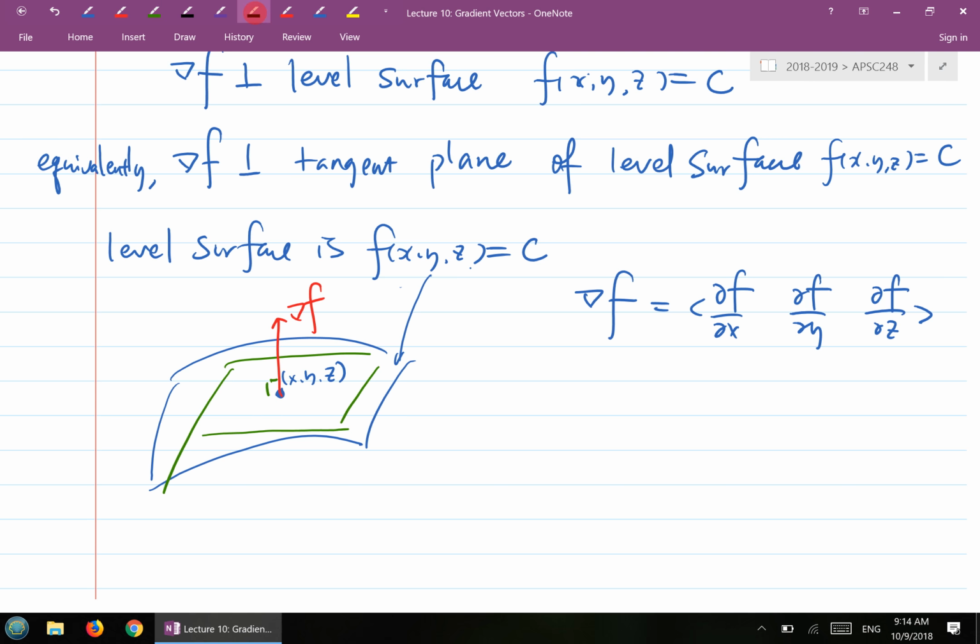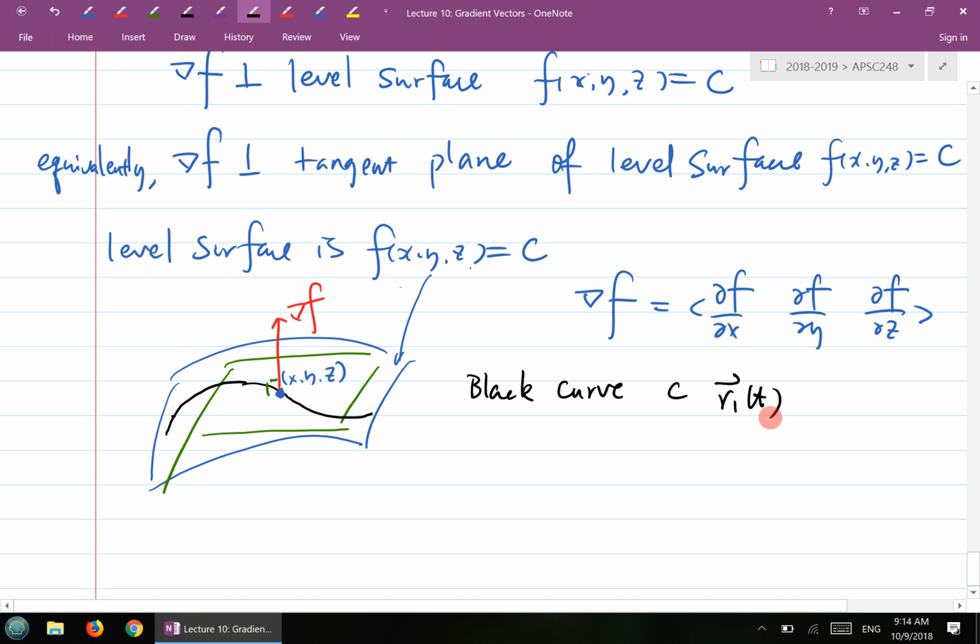I'm going to sketch a curve. So this is a curve right on the surface, this black curve here. Let me call it r1 of t.